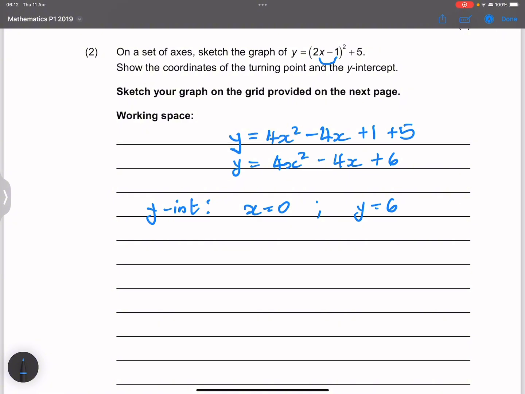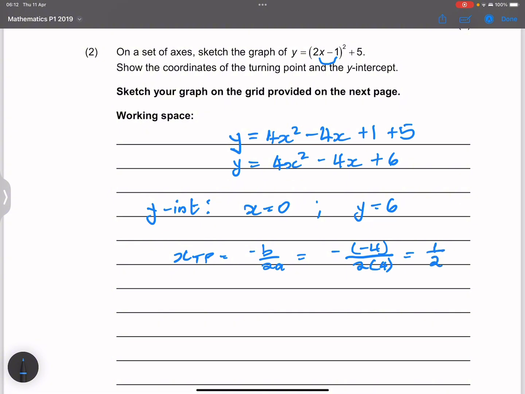The x value of the turning point is minus b over 2a. That's minus our b value, negative 4, divided by 2 times positive 4 there. So what am I going to get? 4 over 8, which is going to be 1 over 2.